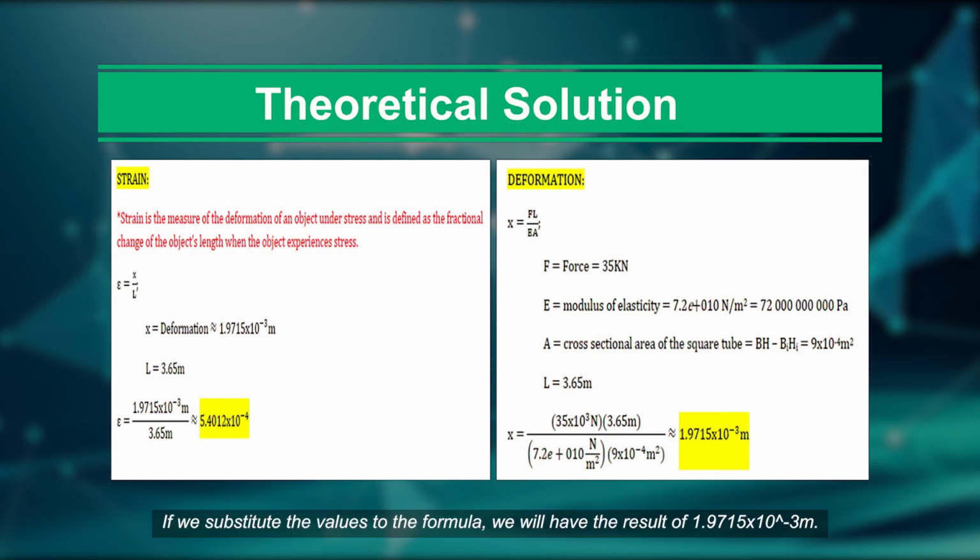If we substitute the values to the formula, we will have the result of 1.9715 times 10 raised to negative 3 meters.